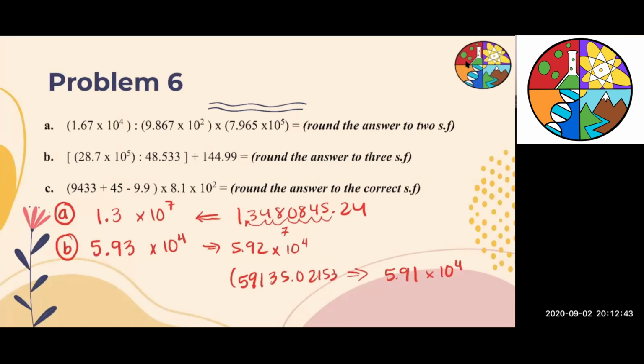And then you would add the 144.99. They both end in 2 decimal places. So your final answer should be 5.92 times 10 to the 4th. So that could have been a number error. Maybe you inputted something. But I didn't get 5.93.